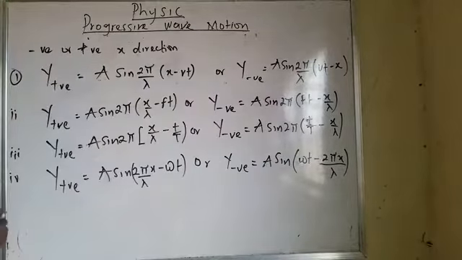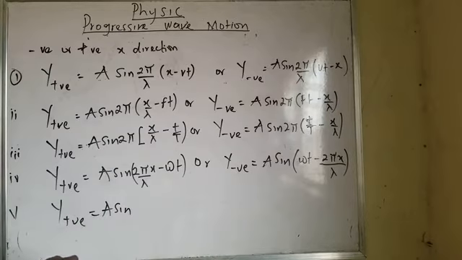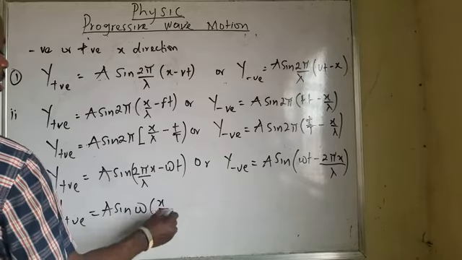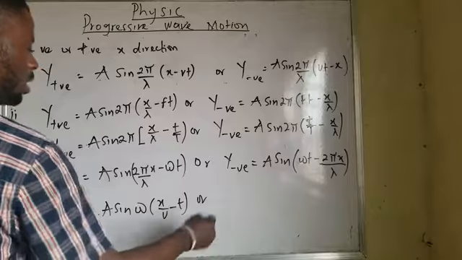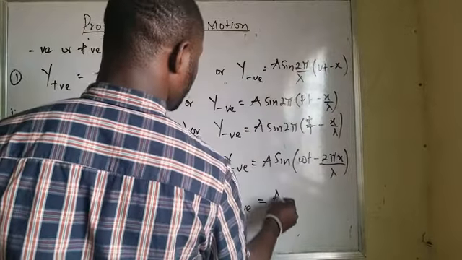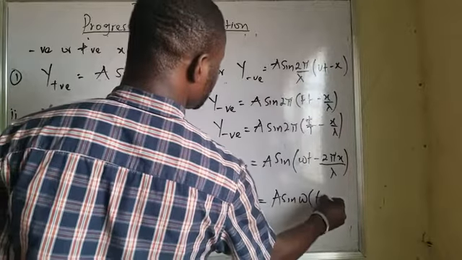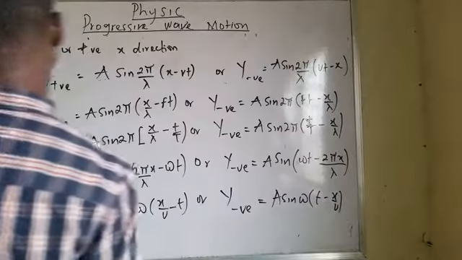And the last, which is going to be the fifth equation of this, will be equals to of sine of angular velocity bracket of my t bracket of, or of negative will be equals to a of angular velocity bracket of t minus x all over v. That is just 6.